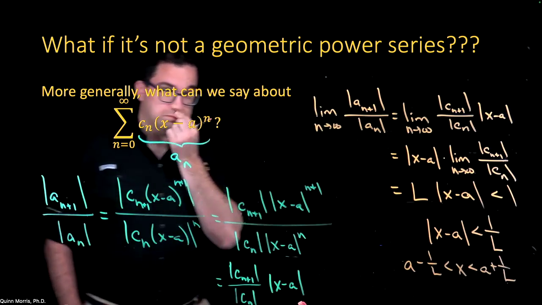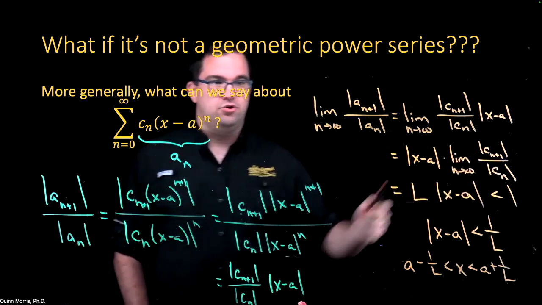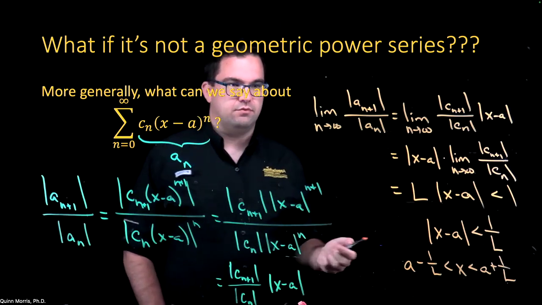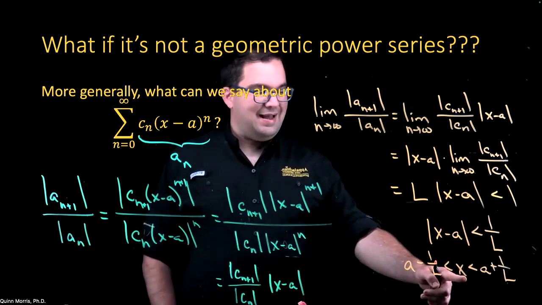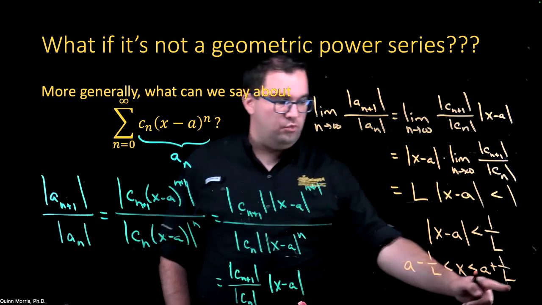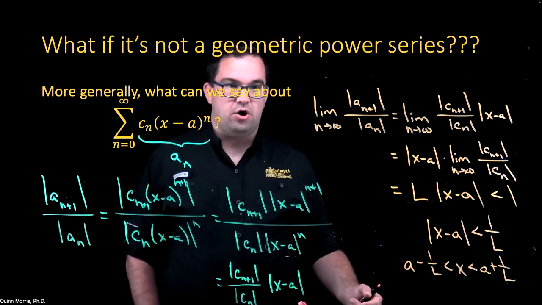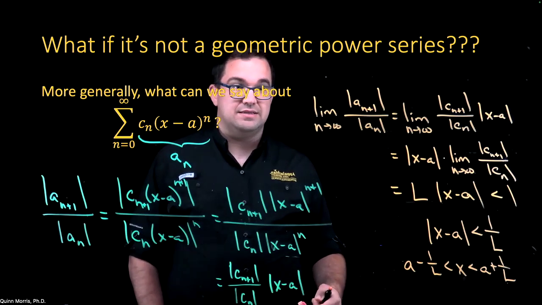So what we see here is that if you calculate this limit and you get some number L, which is not zero or infinity, then you're going to get convergence at a, and you're going to get convergence for every x value within distance 1 over L from a. We call this 1 over L the radius of convergence.